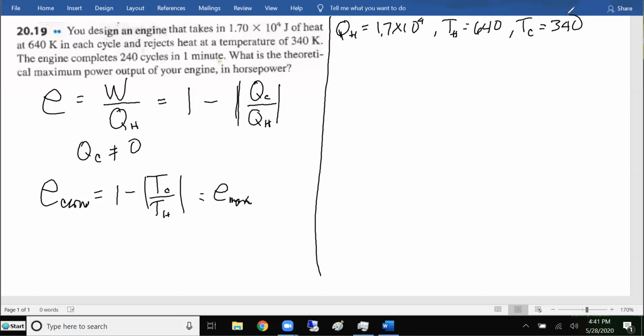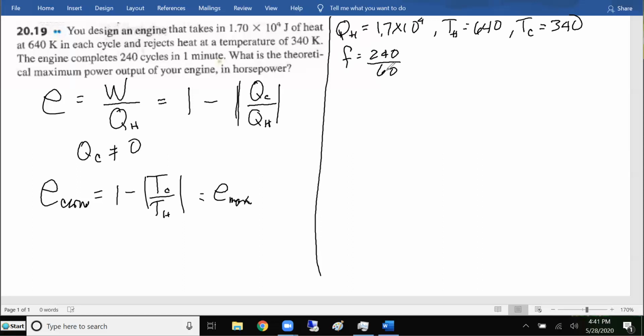All right, that's that. And the engine completes 240 cycles in 1 minute, so that's like a frequency. The frequency will be 240 per minute, so we want the frequency in cycles per second, so divided by 60.